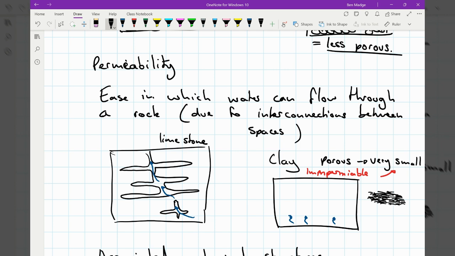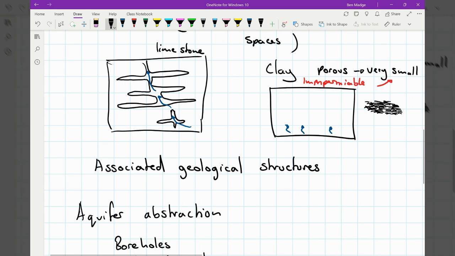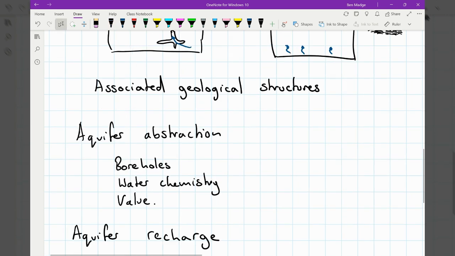And then we've got associated geological structures.